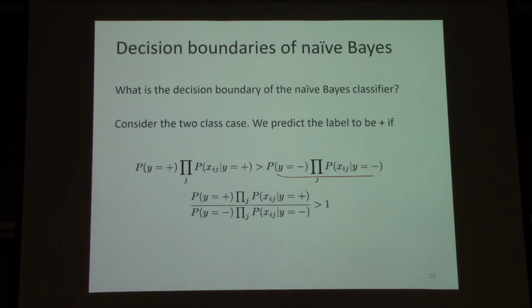I could rearrange this term. I can keep this together, so it is P of y equals plus divided by P of y equals minus times the product over all features. This should just be x_ij, let's say.